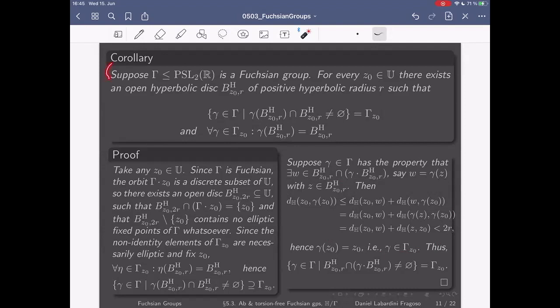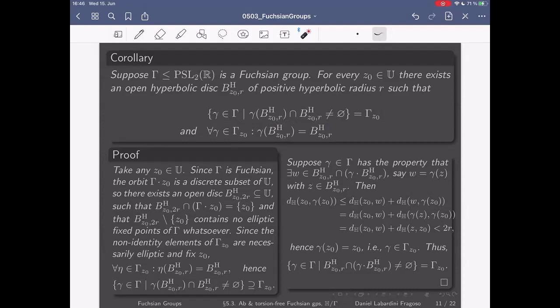So now, if we take a Fuchsian group, then there exists some open hyperbolic disk of positive hyperbolic radius, such that the set of elements in gamma for which this intersection is non-empty is exactly the stabilizer group.